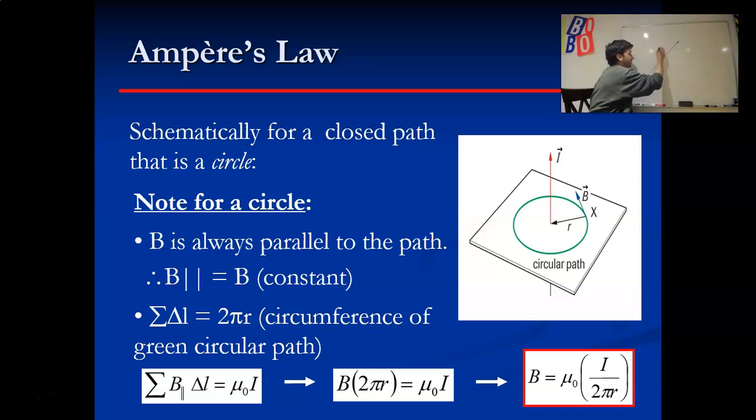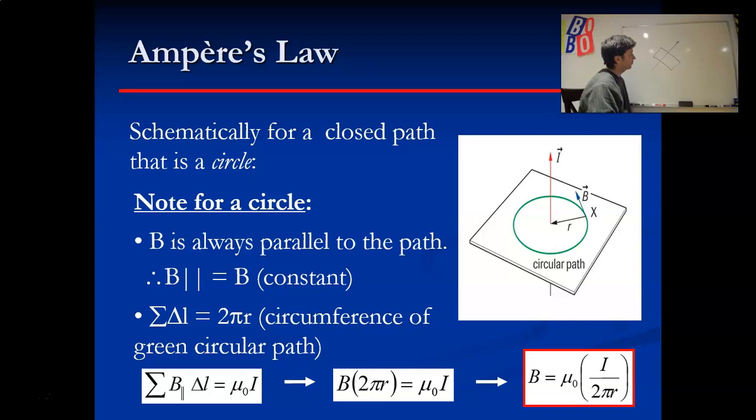If I want, I can pick a path like this, and I would have to add up all the magnetic field segments which are parallel to this path. It's parallel to this path, parallel to this path, and this path, and this path. I'd have to add up all of those, and then I would have to set that equal to your proportionality constant times the current inside of that path.